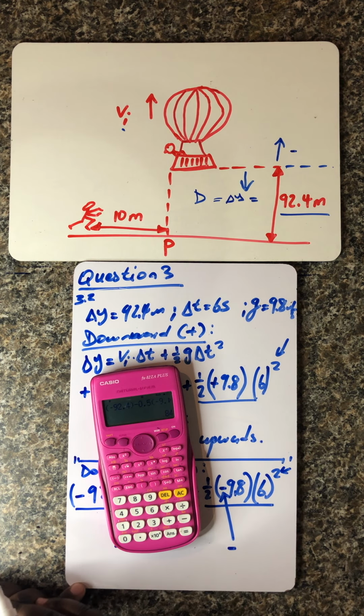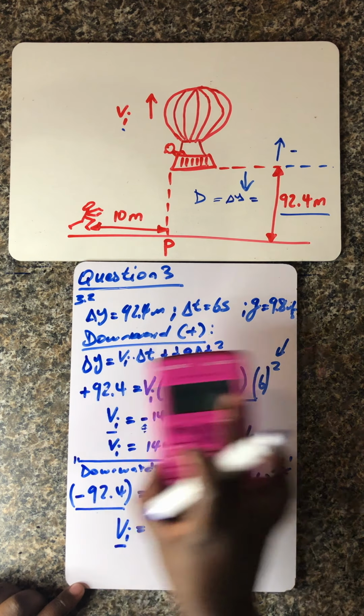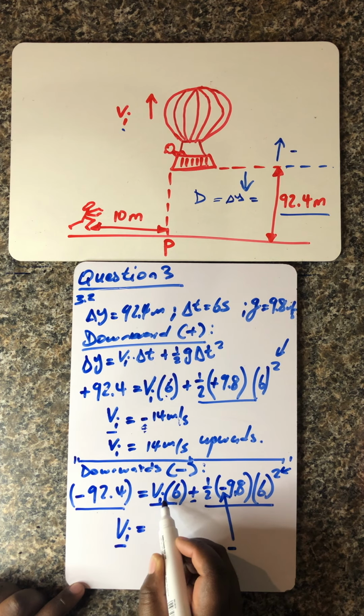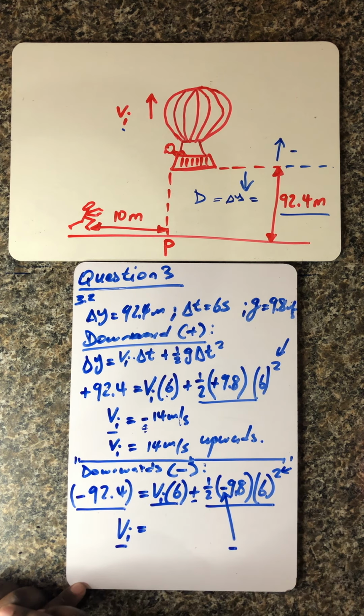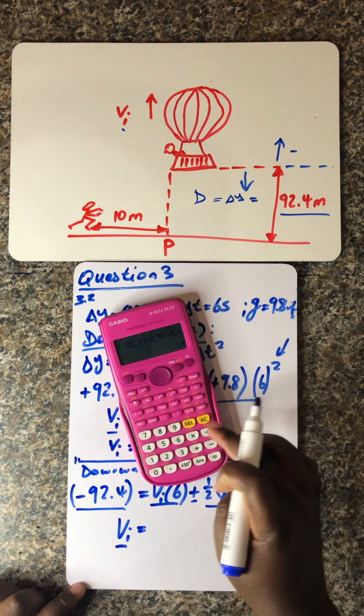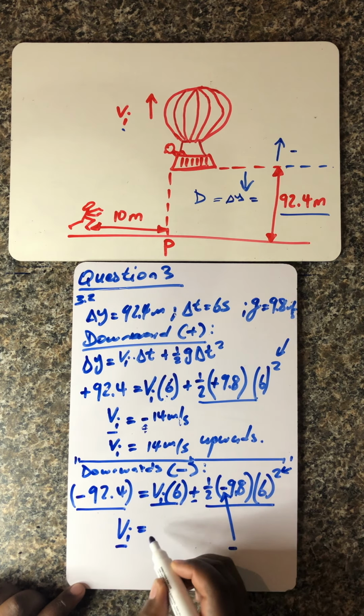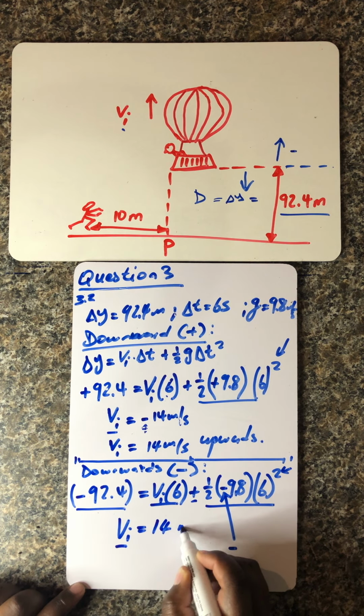Okay, so now I'm getting positive 84. Okay, so that means this is a positive 84, which is equals to 6v initial. So you just divide by 6 and you get the same answer as before, but in the opposite sign.